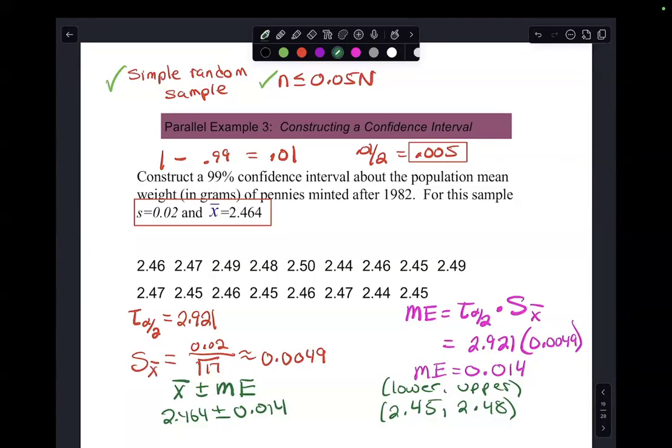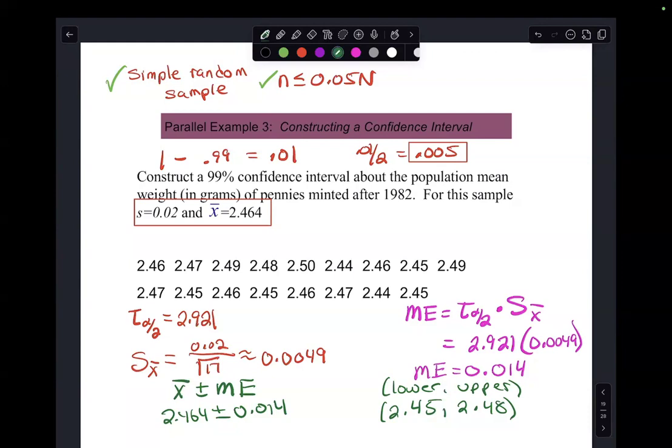Is this grams? Grams. Make sure you use your units. So the other way that we would say this is we are 99% confident that the actual average weight of pennies minted after 1982 is between 2.45 and 2.48 grams.